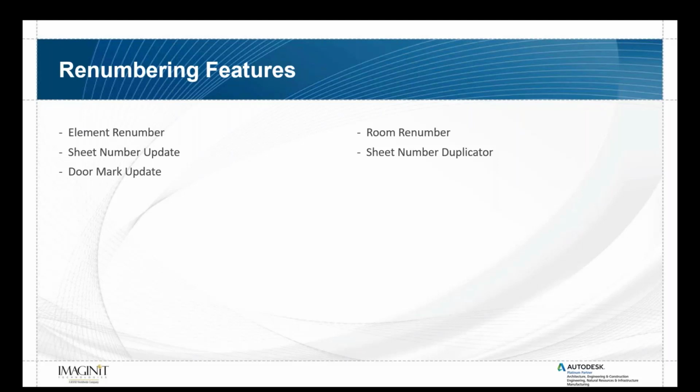It allows you to automate that with a few simple clicks, and as that happens, you might need to renumber some doors or elements that are in that room. So it gives you the flexibility and automation to do that efficiently and quickly.